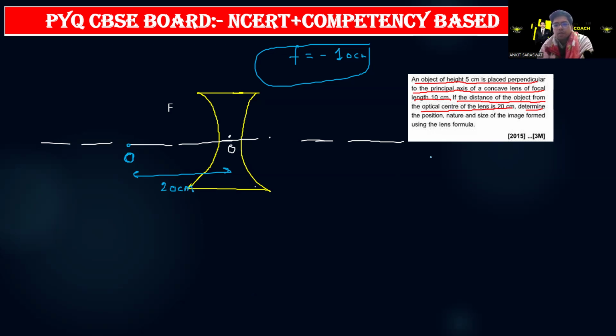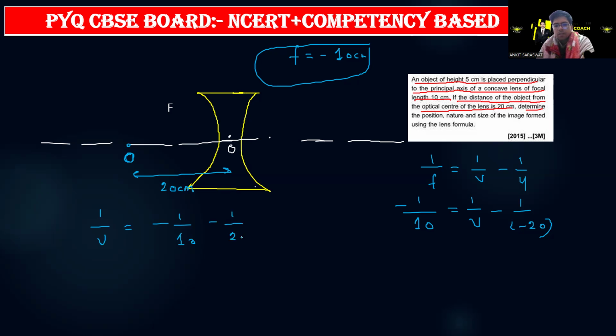First of all, find the V. 1 upon F is equal to 1 upon V minus 1 upon U. Clear? F is negative, so minus 1 upon 10 equals 1 upon V, and U is minus 20. So 1 upon V comes out to be minus 1 by 10 minus 1 by 20.